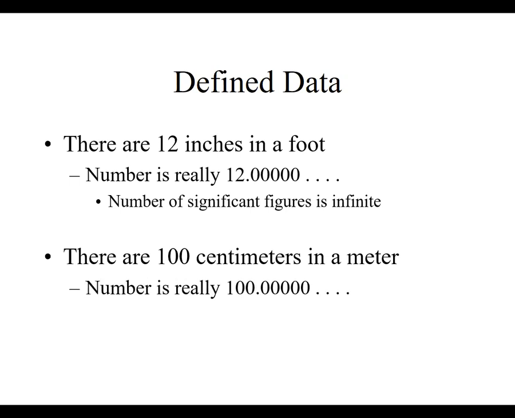So the number is really 100.00000 going on forever. And again, all those zeros that are after the decimal point are preceded by something significant, which makes all of them significant. And you've got an infinite number of them.